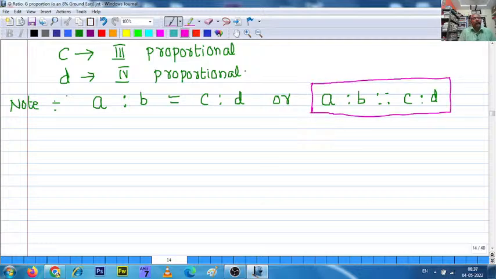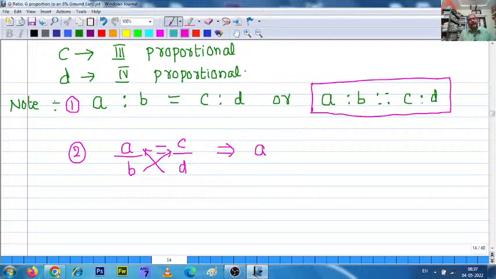And one more important point, the second point: A is to B we can write as A by B, and C is to D we can write as C by D. So A by B is equal to C by D if A, B, C, D are in proportion. If you cross multiply, what do we get? We get AD equal to BC.